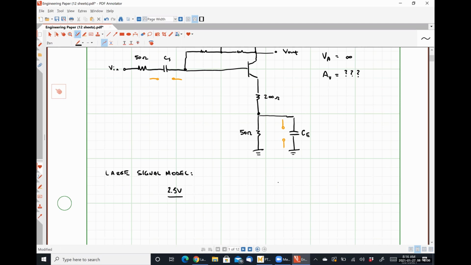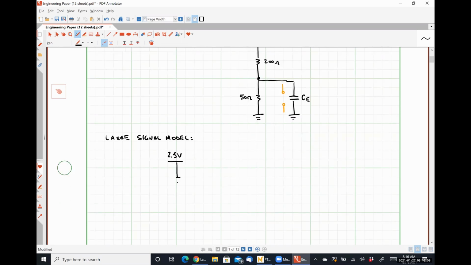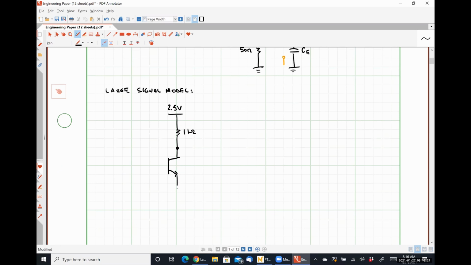We have a 2.5 volt source. Here's our 1 kilo ohm resistor. Here's our emitter resistance. It's going to be 250 ohms in total.